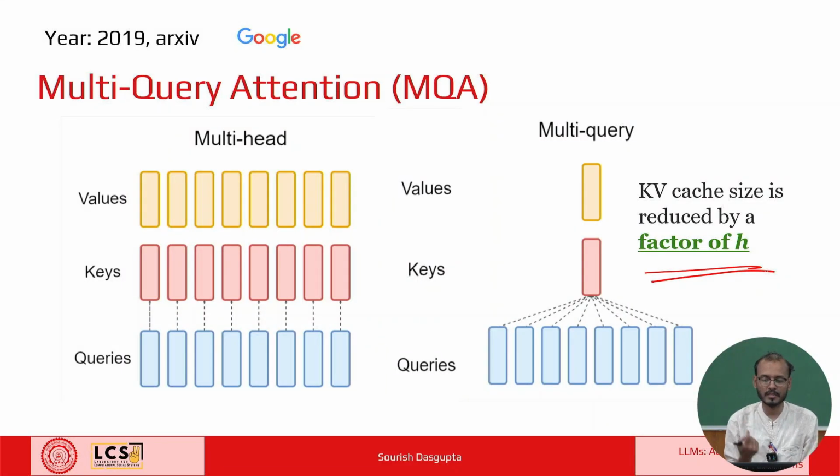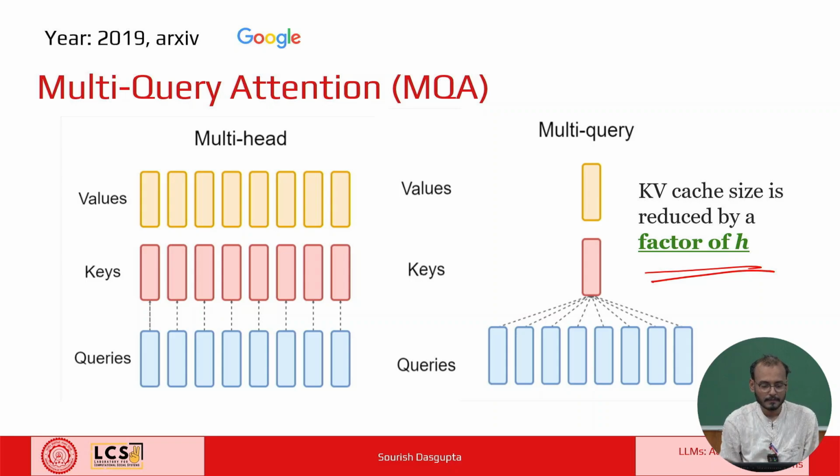And that's why it's very simple to understand why the cache size should be reduced by a factor of h, because that was getting multiplied before, and now it gets dropped off. So the overall reduction of the KV cache size will be by a factor of h, right? So that's multi-query, as simple as that.